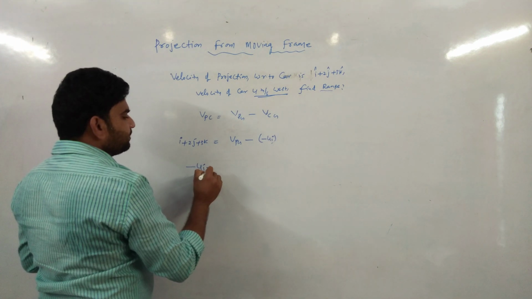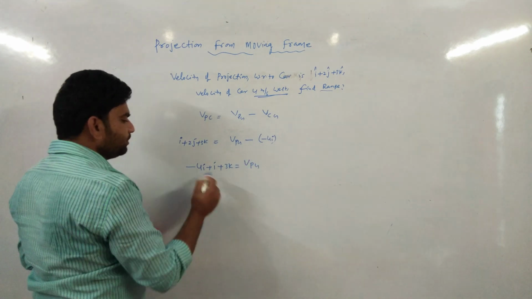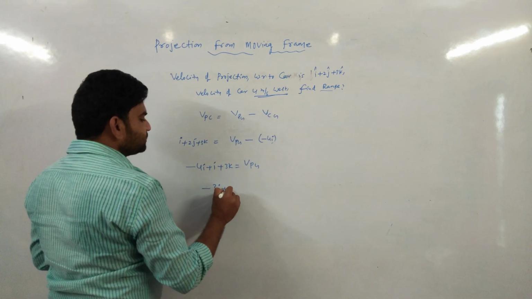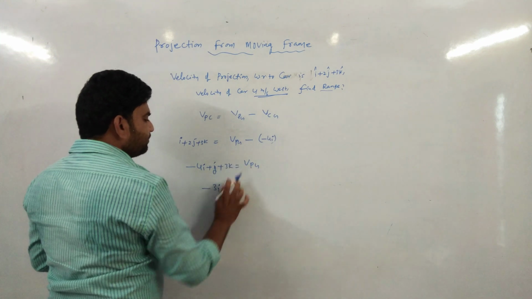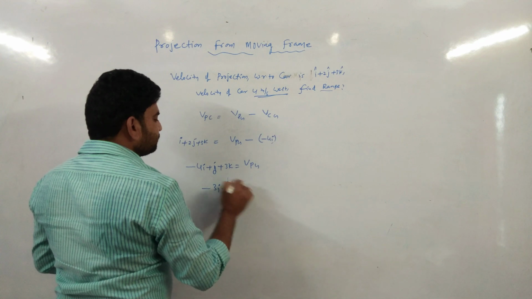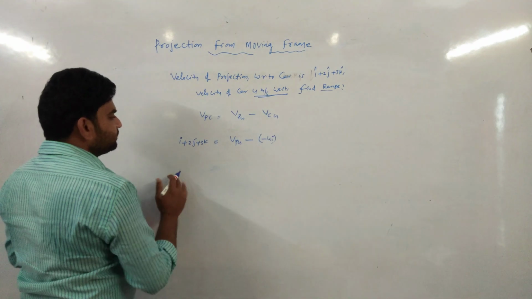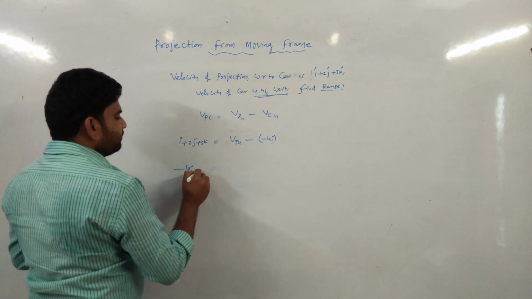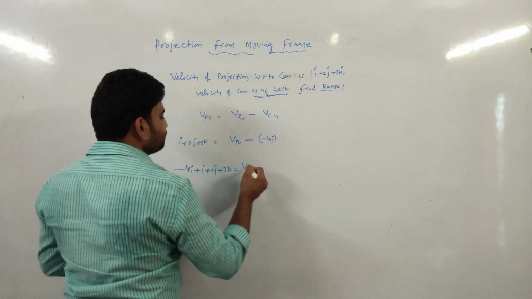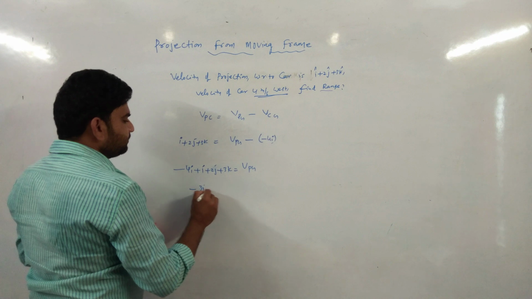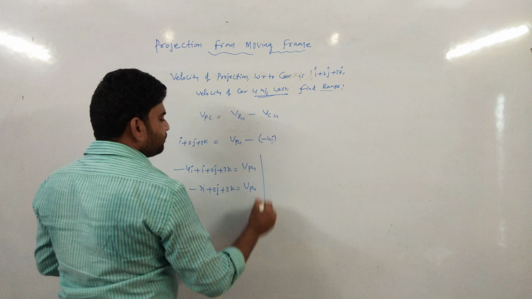So minus 4i plus i plus 2j plus 3k equals vpg, and it becomes minus 3i plus 2j plus 3k, which is the velocity of projection with respect to ground.